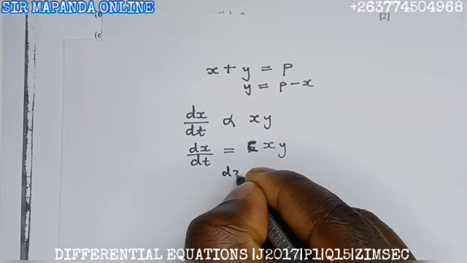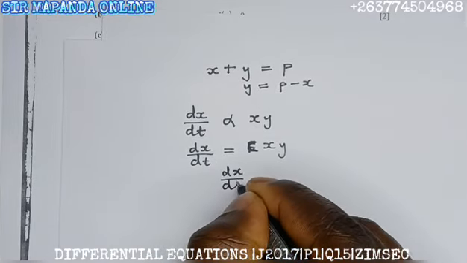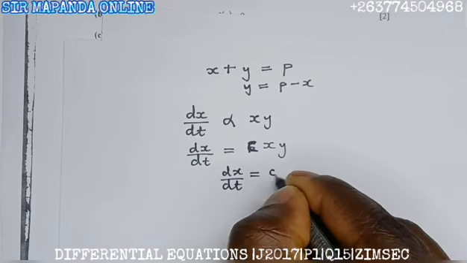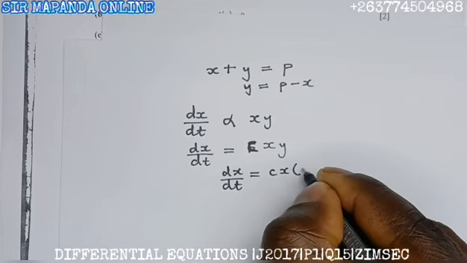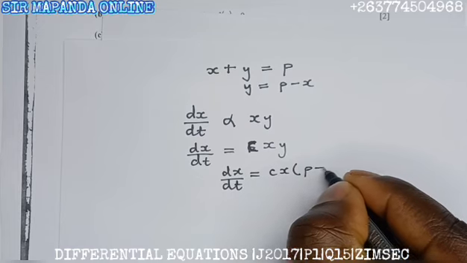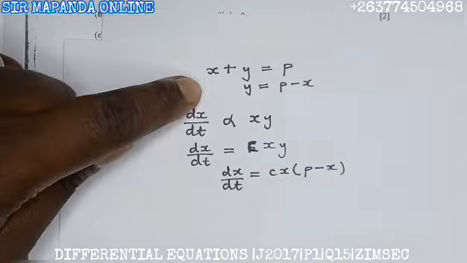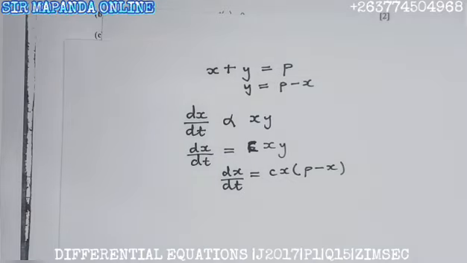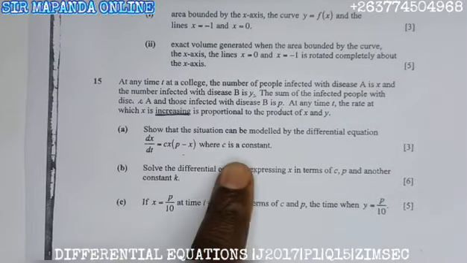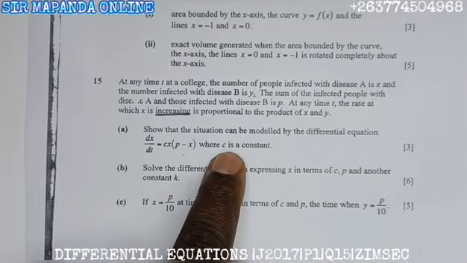So you now have dx over dt is equal to cx, open bracket, P minus X, making Y the subject of the formula from the given sum X plus Y is equal to P. Let us proceed. You get yourself 3 marks by doing this.